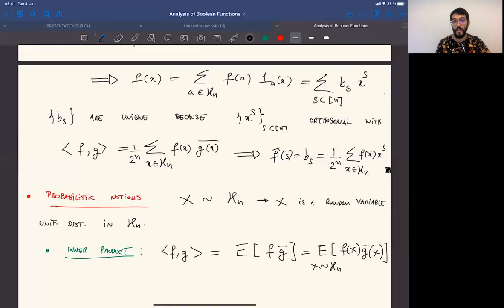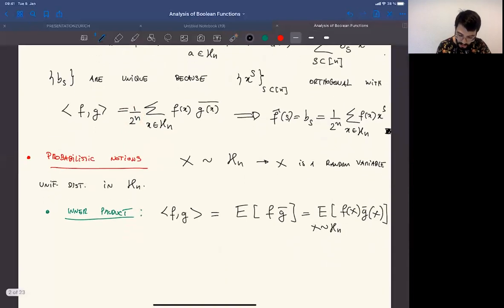Okay. And of course, if it's uniformly distributed, I have to normalize by the number of points in the set. So I have a probability distribution, and that's where this 1 over 2 to the n comes from. Okay. We can define other things. We can define norms. So we can define the p-norm of a function, which is just the expectation of the modulus raised to the p, and then I take 1 over p.